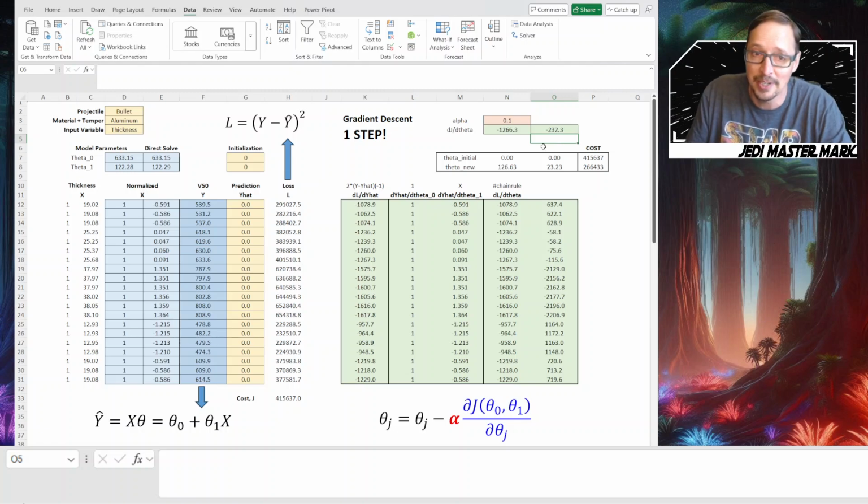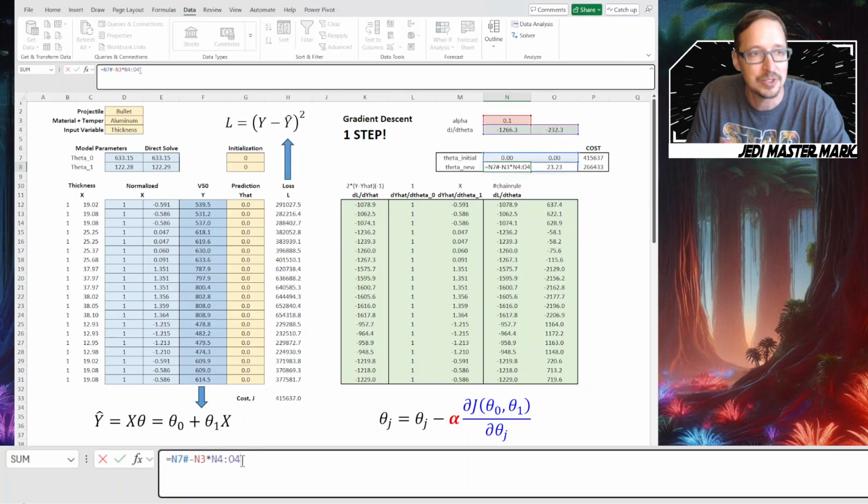And so the last part here is you are starting with initial theta values of 0 and 0. And our new theta values, okay, so what's going on here? Well, our new theta values are these theta initial, so 0 and 0, you're subtracting N3, which is our alpha, so minus alpha, and then multiplied by this N4 and O4.